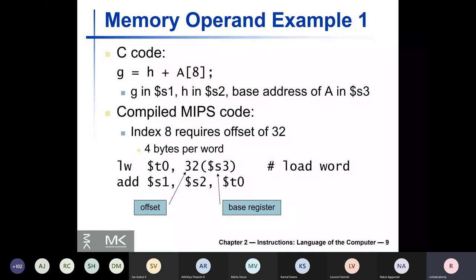It looks at the offset, 32, which is written outside this bracket, and it adds this offset to the base register value to obtain the absolute address of what you want to fetch from memory, to get the actual address.